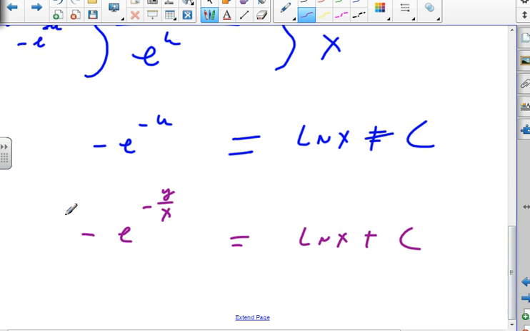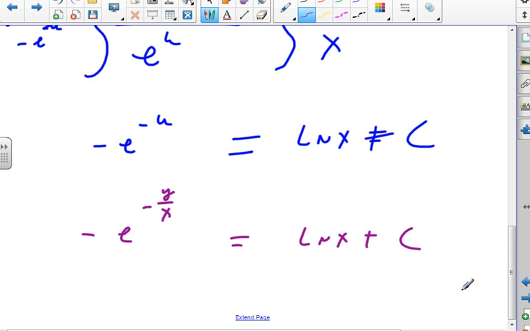Now our first inclination would say take the natural log of both sides, right? I'm not so sure. That's number 8.